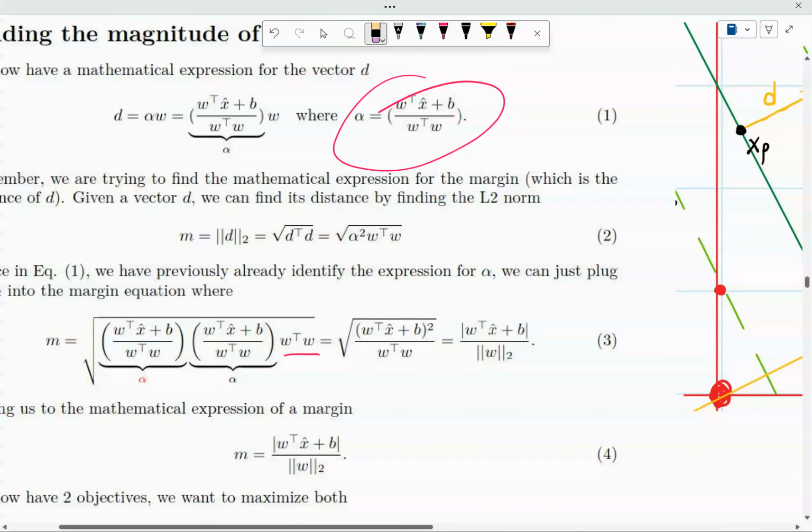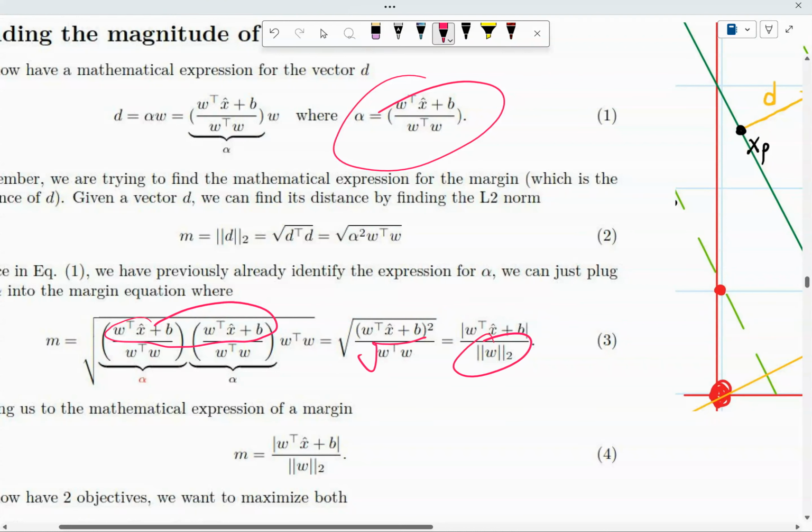After this, this w gets canceled out, so only one of them remains. This right here is a square, and when you take the square root of a square, it becomes the absolute value, the magnitude of the line, divided by the norm.